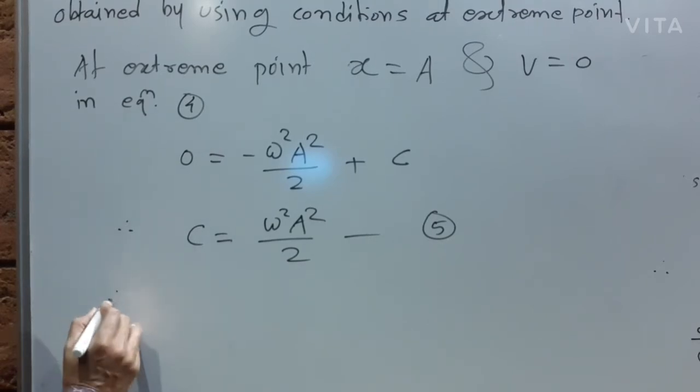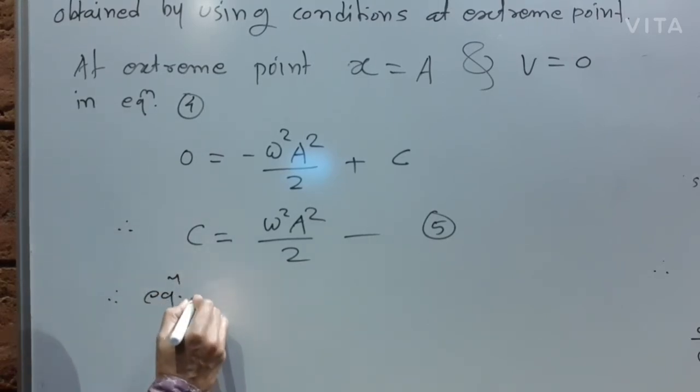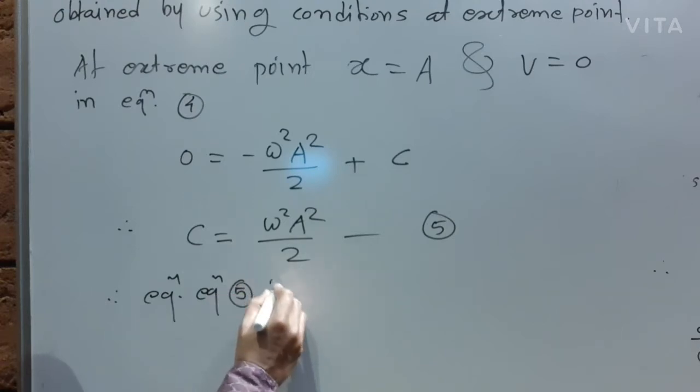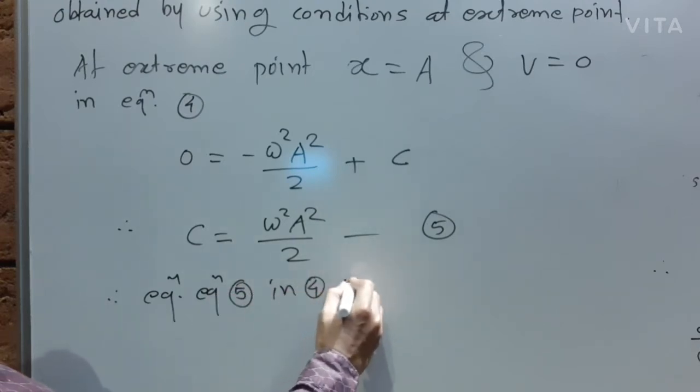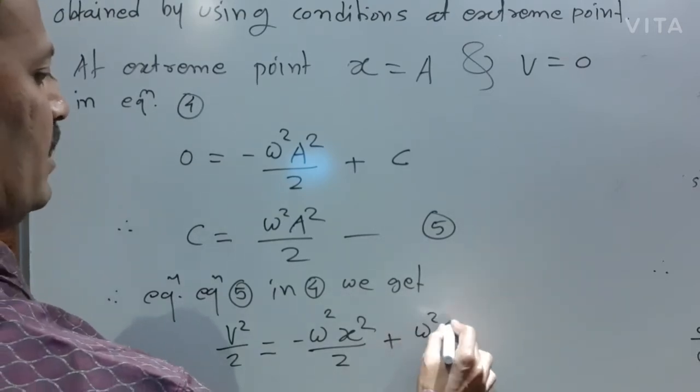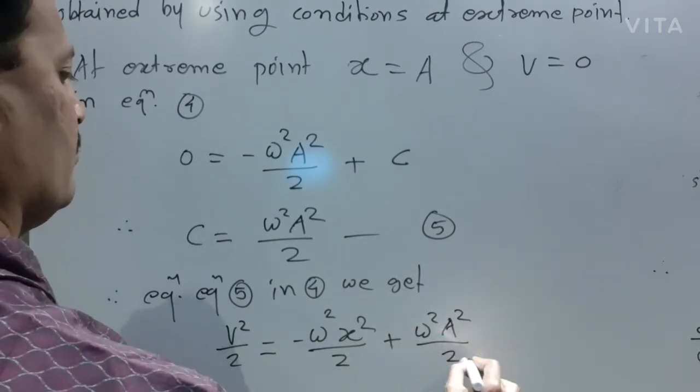And therefore using equation 5 in 4 we get v square divided by 2 is equal to minus omega square x square divided by 2 plus omega square a square divided by 2.